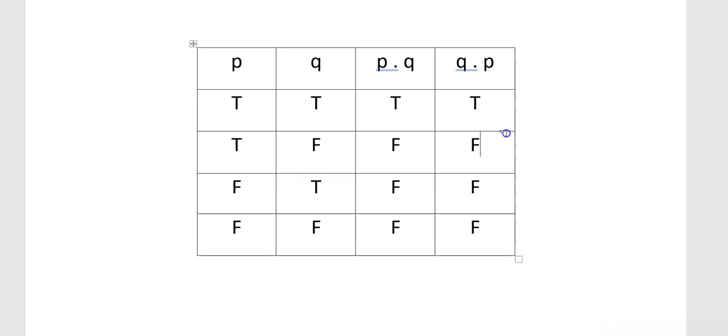But it is not always the case. Suppose you say that X is dead and he is buried. Take any actual person's name. Ramesh is dead and he is buried. So Ramesh is dead, let us say P. Ramesh is buried, let us say Q. So Ramesh is dead and he is buried is P dot Q. And if we just reverse the order, that Ramesh is buried and he is dead, it becomes Q dot P. But look at the meaning.